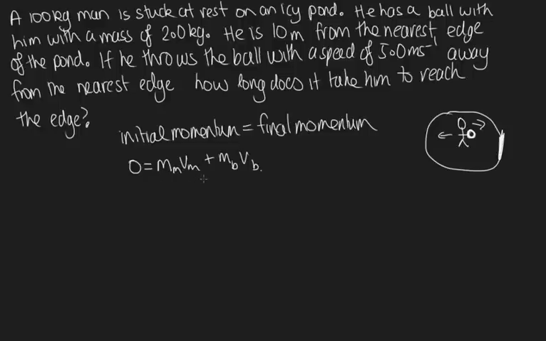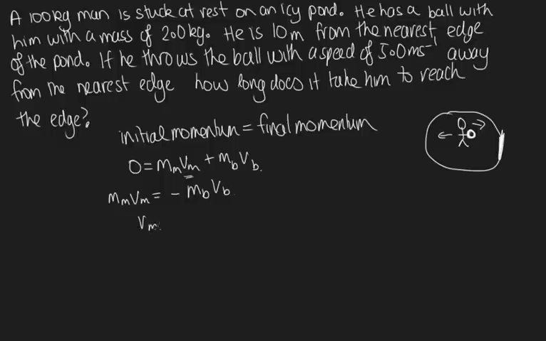And so what we need to do is work out the velocity of the man, and we'll be able to use that velocity to work out how long it takes him to get to the edge. So we've got that the mass of the man times the velocity of the man is equal to minus the mass of the ball times the velocity of the ball.